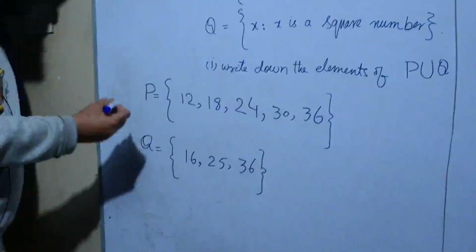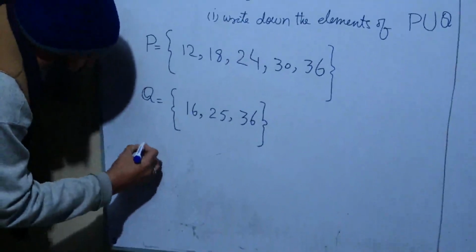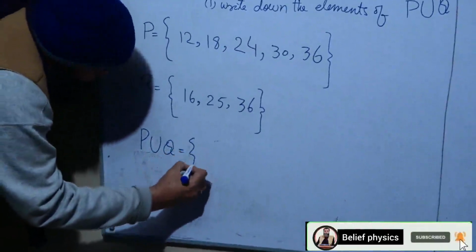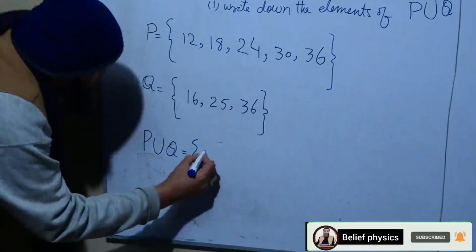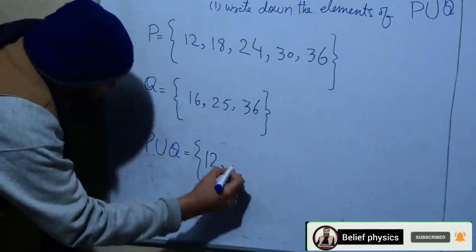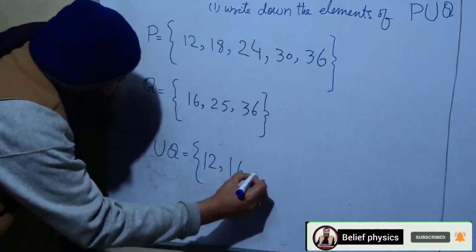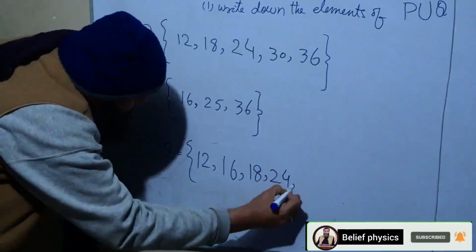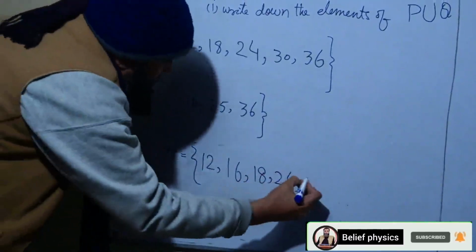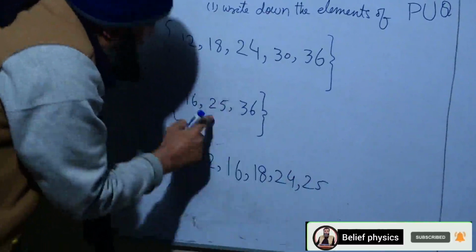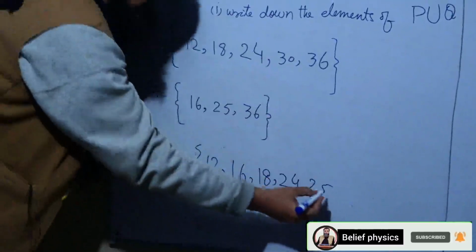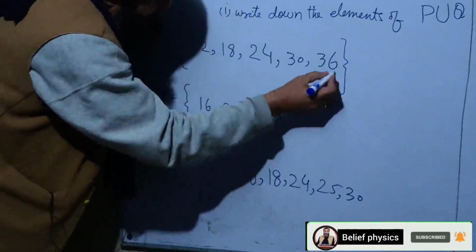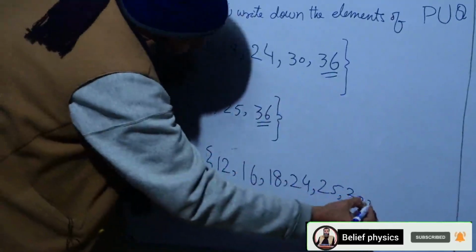So P union Q will be equal to 12, then 16, then 18, then 24, then 25 from this set, then 30, and 36 is common, so it will be written once, so 36.